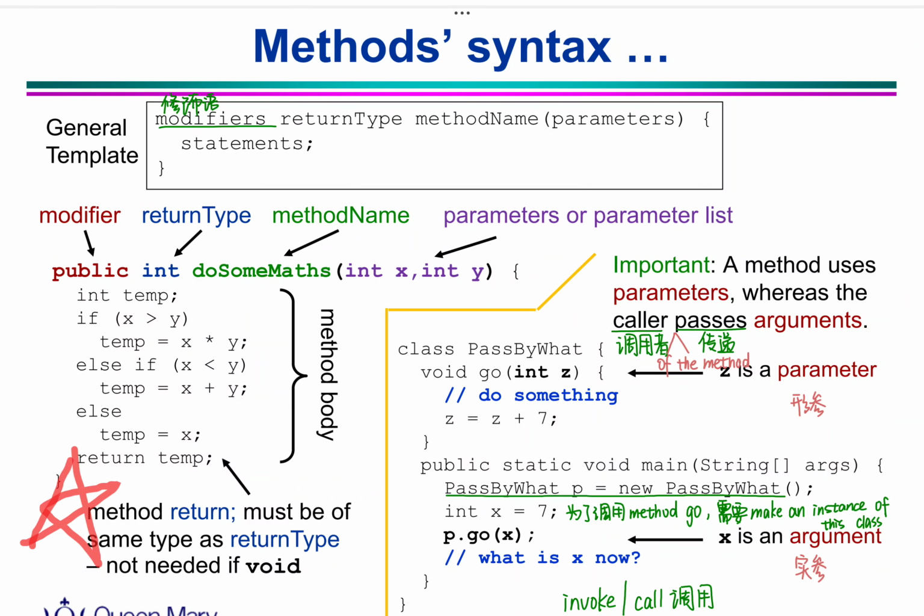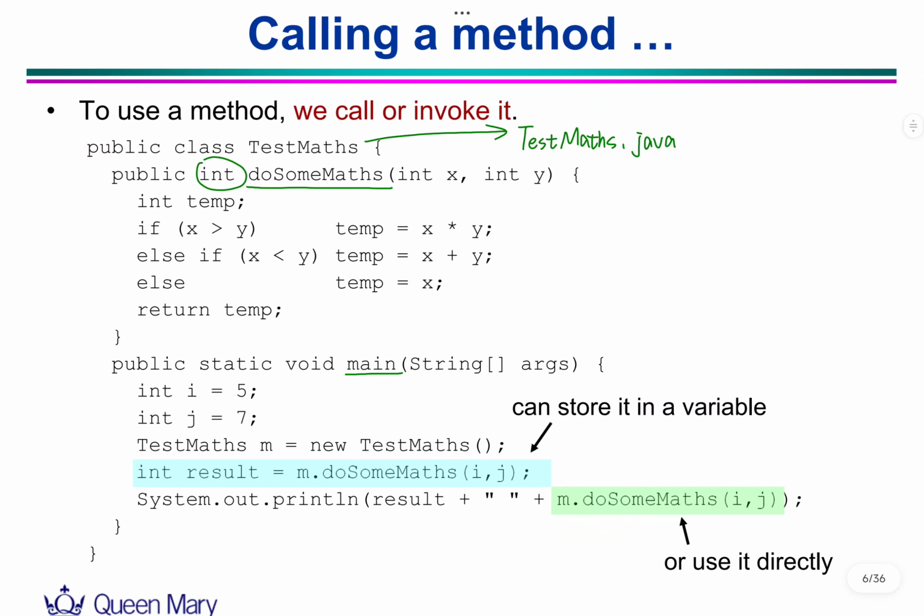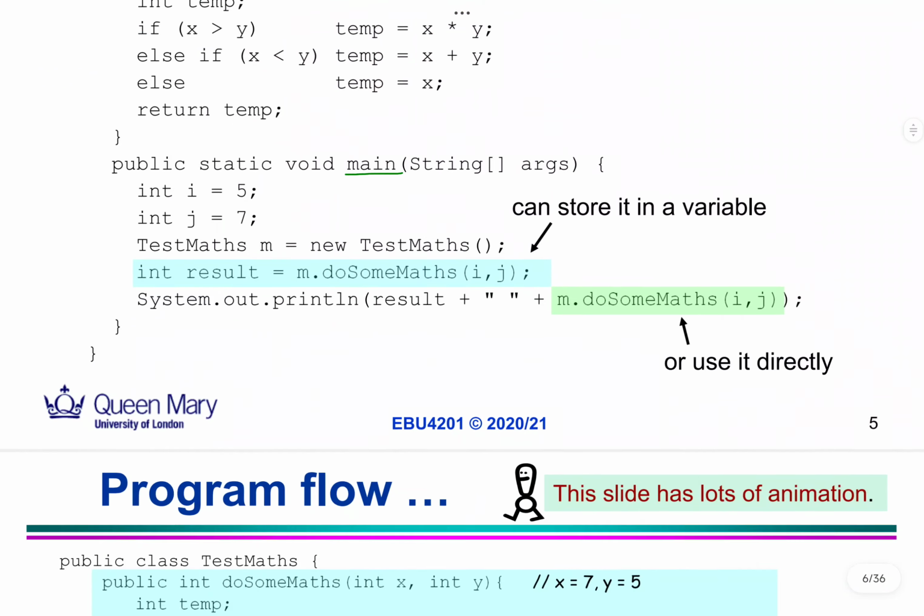In a method, there are parameters where the caller passes arguments. Calling a method: to use the method, we call or invoke it. So this is the typical class TestMath, which means different input, different operation, and different output.